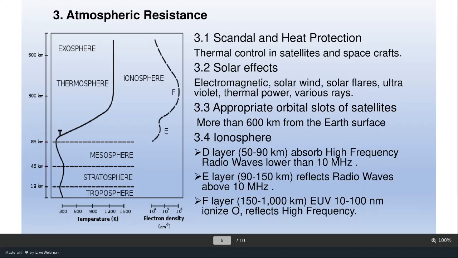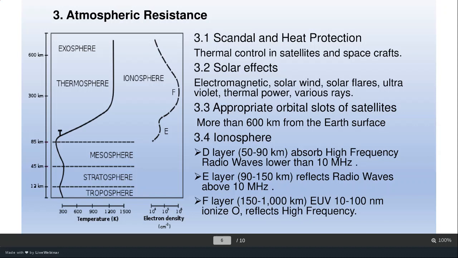And 3.2 is the solar effect. The electromagnetic solar wind, solar flare, ultraviolet, thermal power, and various rays from the sun we call the solar effect. And 3.3 is the appropriate orbital slot of satellites. More than 600 kilometers from the Earth's surface is appropriate for the orbital slot of satellites.